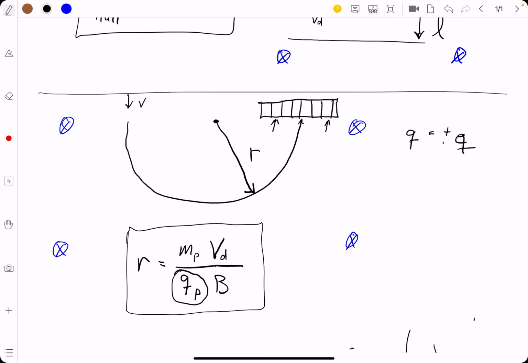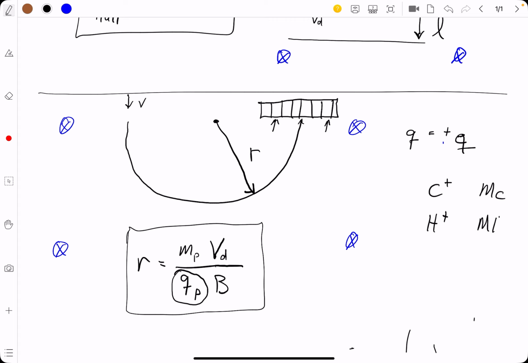For instance, we could have a carbon atom that is +1. That has a certain mass, the mass of a carbon atom, and it's missing an electron, so big deal. But we could also have a hydrogen that has its electron stripped.